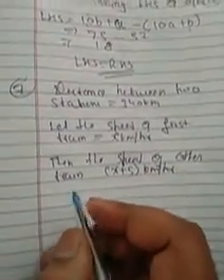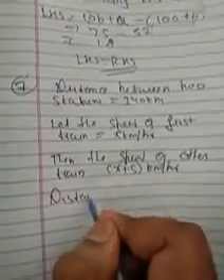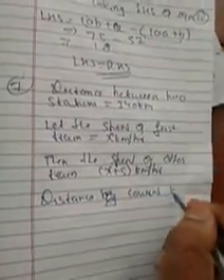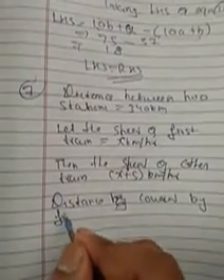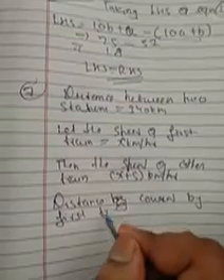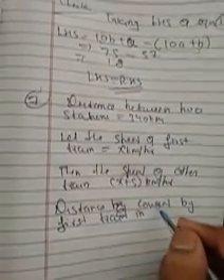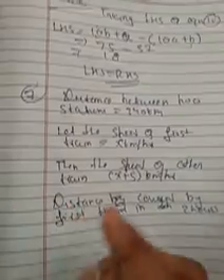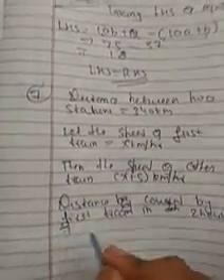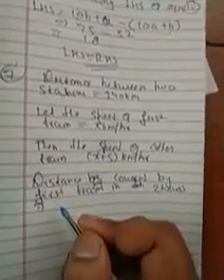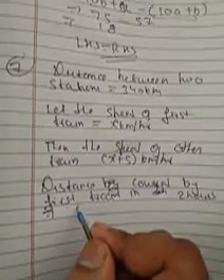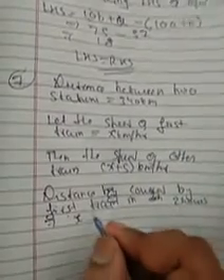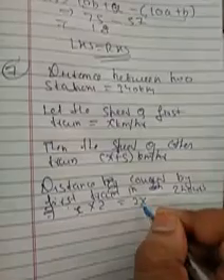Now the distance covered by the first train in 2 hours: the first train's speed is x and the time is 2, so it will be 2x km.